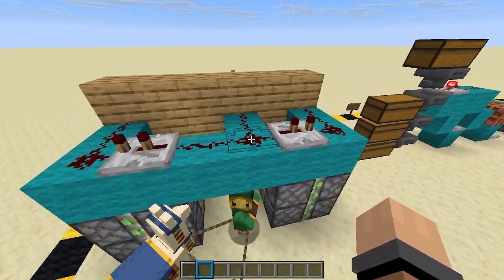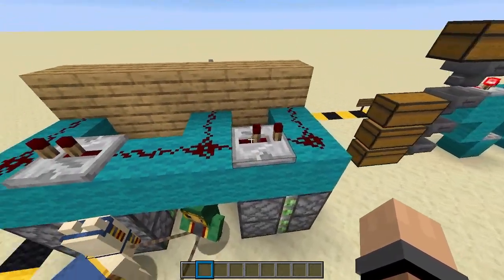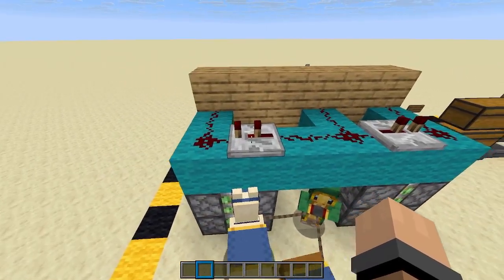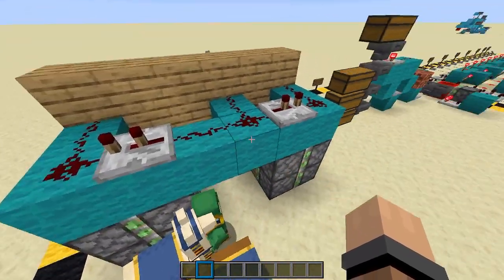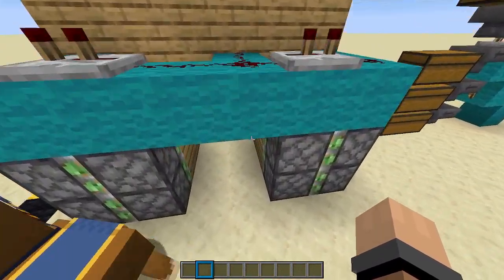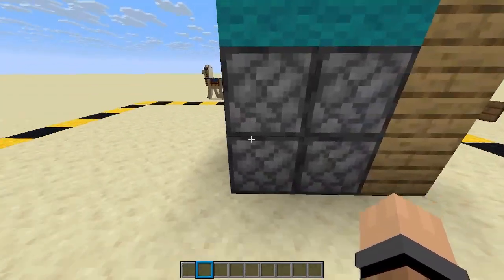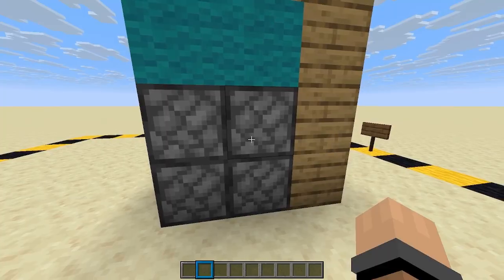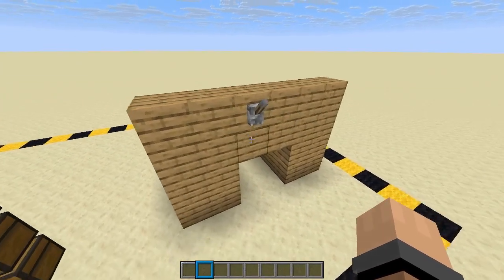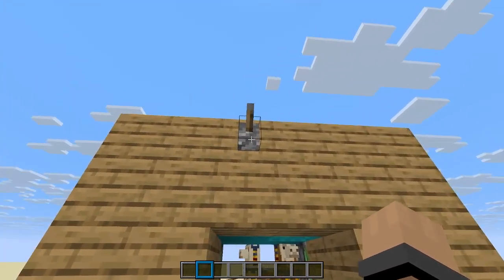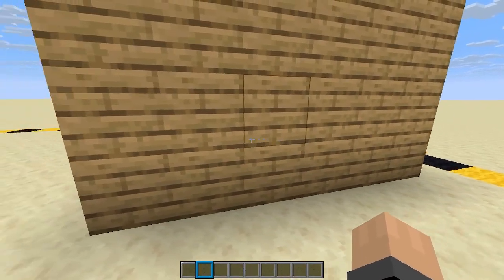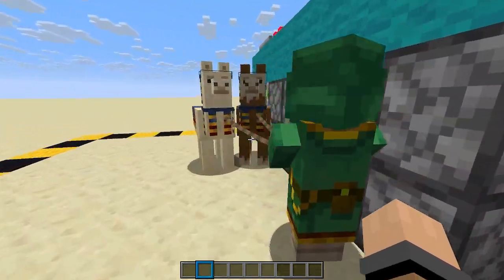And when it turns off, because of these repeaters extending the signal length by an extra bit each time, these pistons in the middle are the first to retract before these ones even have a moment to retract, which altogether makes for a very nice, smooth closing and opening.